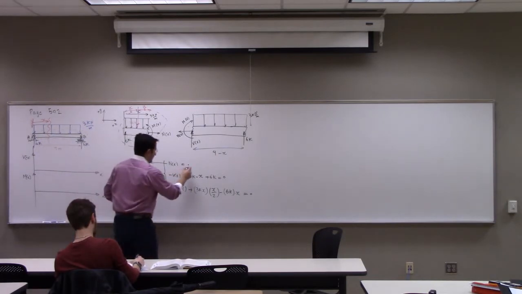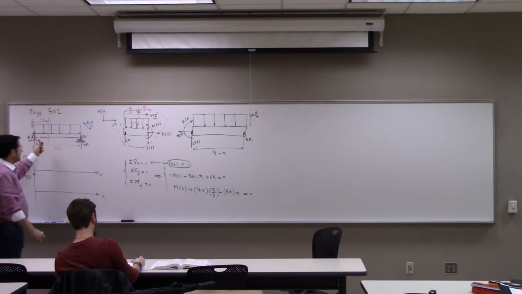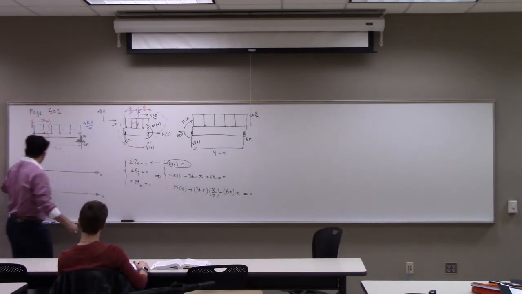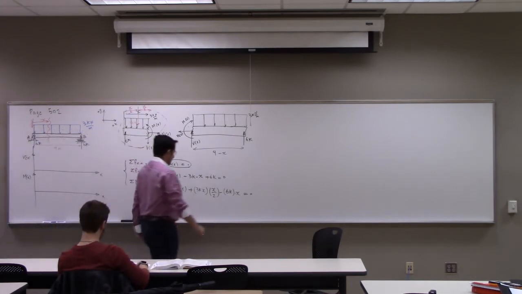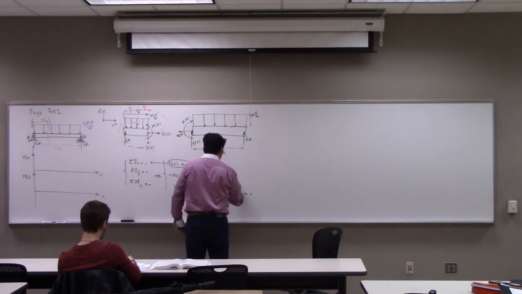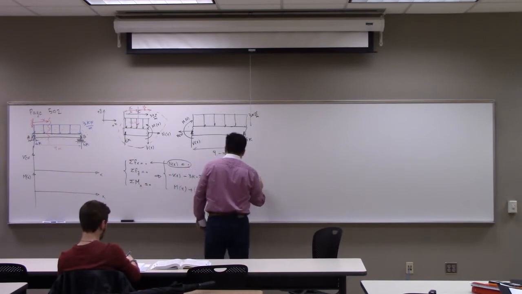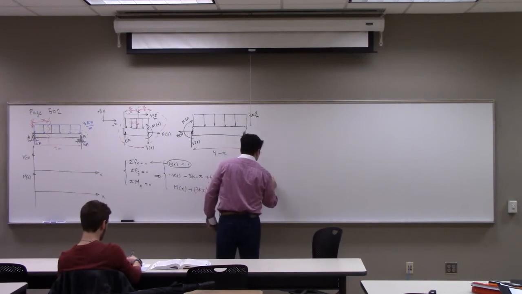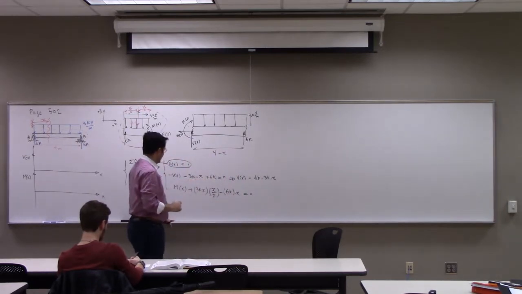Then you definitely find Nx is 0. In fact, this is not what we care about here. We care about shear force and moment. That's the thing I want to draw here. So I just solve this equation for Vx, and I get Vx is equal to 6K negative 3K times x. You take this to the right: 6K negative 3K times x.